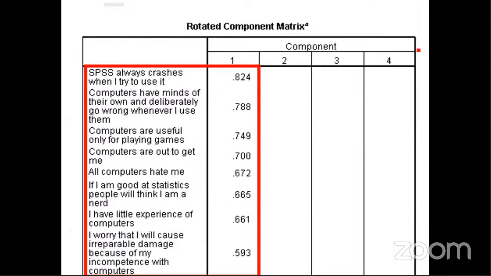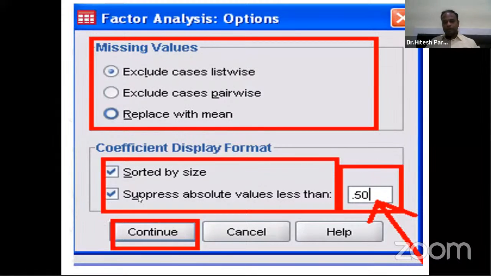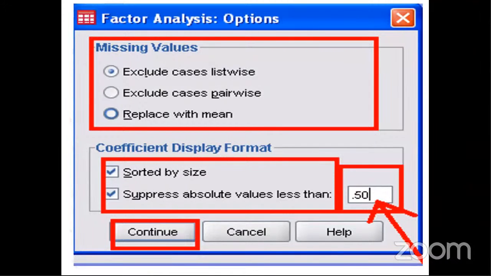If I go back here in options, we have given suppress absolute values less than 0.5. So values less than 0.5 will not be displayed to us. If we take the default value of 0.10, then all these values will be there, and in whichever case the higher values are there, we will take that value for interpretation. Okay, sir. Thank you.